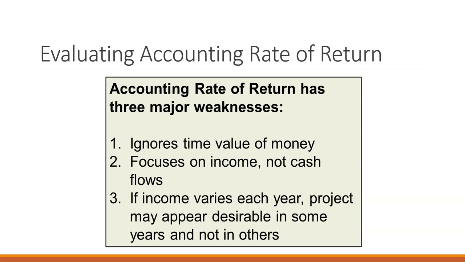And we know from looking at cash flows that net income is not a good measurement of how cash runs through an organization. And if income varies each year, the project might appear desirable in some years and not in others. So as your net income changes from year to year, the project's accounting rate of return is going to change from year to year also.